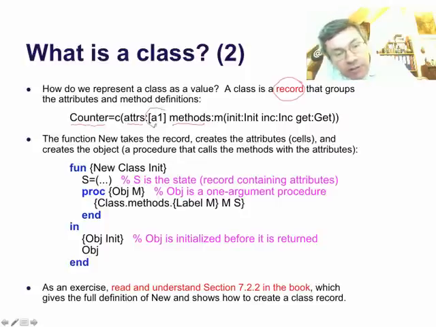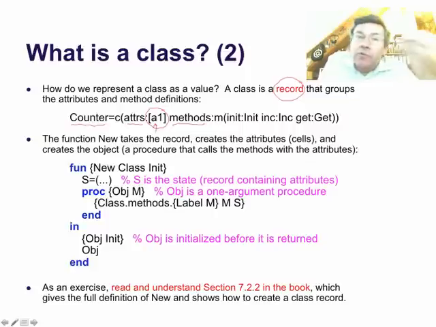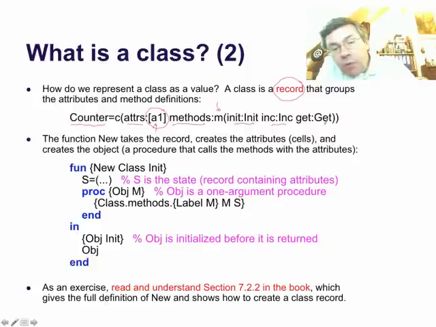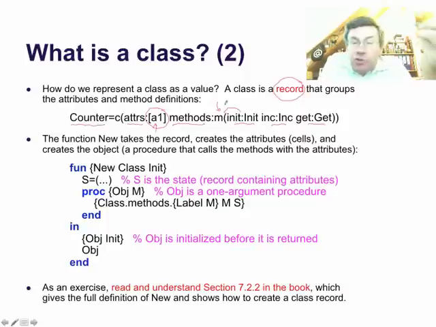The attributes is a list of atoms, and here it contains a single atom, which is the attribute A1. Methods is going to be a record of methods. One field per method. The field name is going to be the name of the message used to call this method, and the value of the field is going to be the actual procedure.